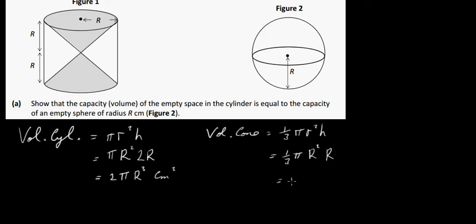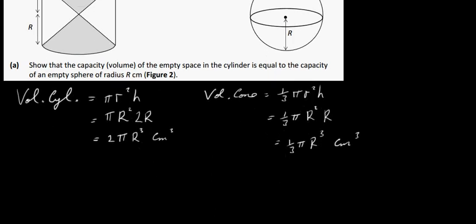So we've got 1/3 pi r cubed, and again that's centimeters cubed. So that's the volume of one of our cones. We have two cones, so I'm just going to double this. So the volume of two cones is equal to 2/3 pi r cubed centimeters cubed.